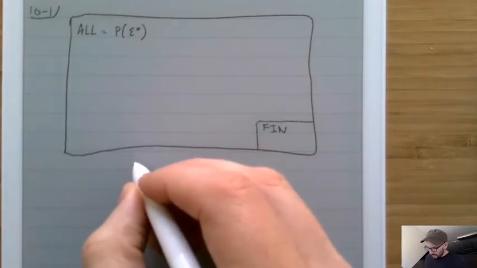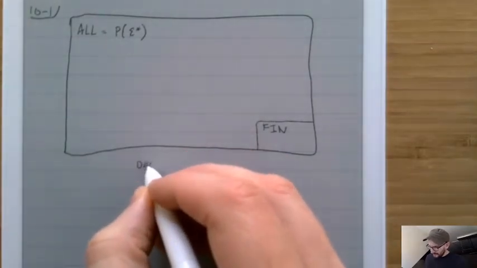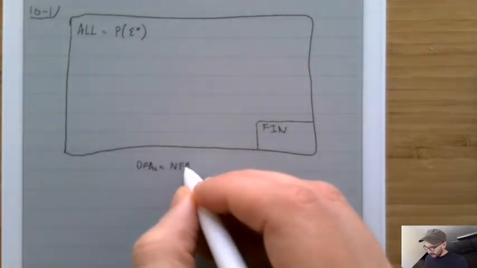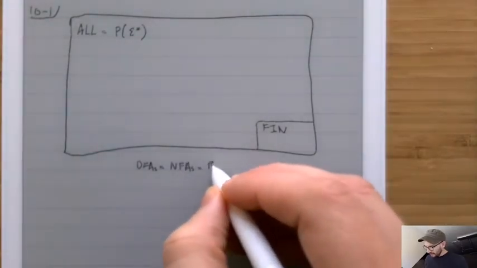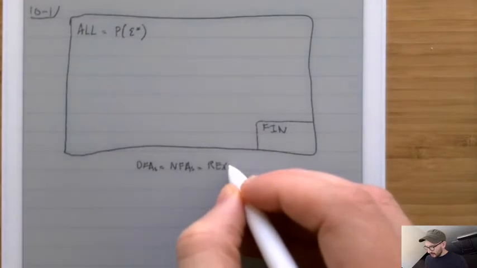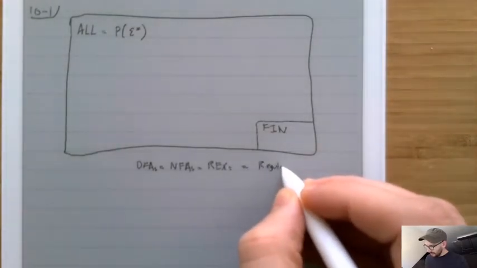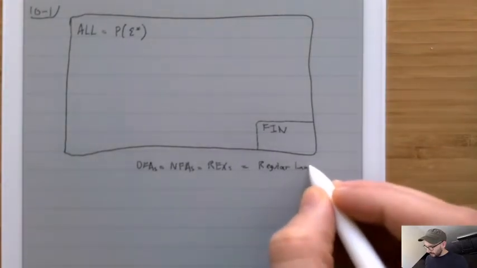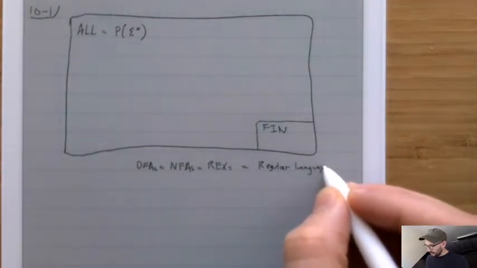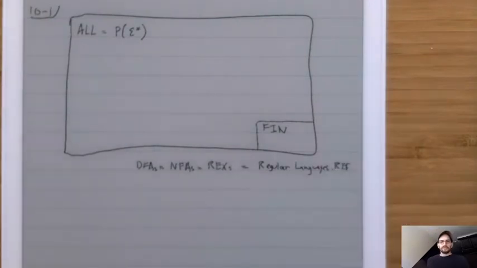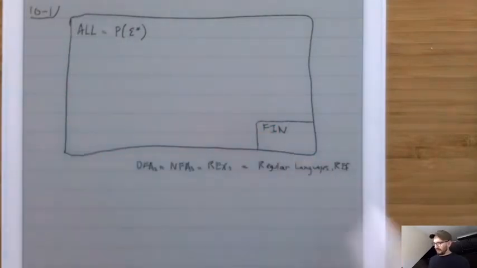We recall that the DFAs are the same as the NFAs, which are the same as the regular expressions, which is all just another name for what we call the regular languages, or reg. Okay, so now, what's the relationship between all, fin, and reg?